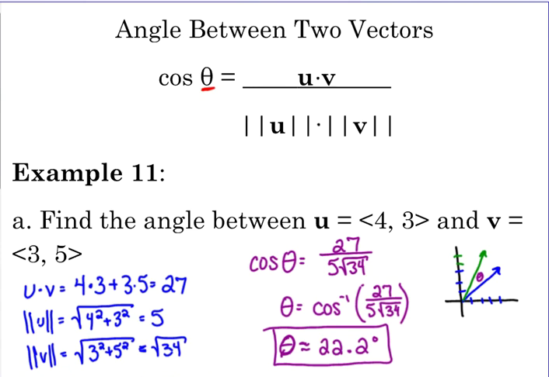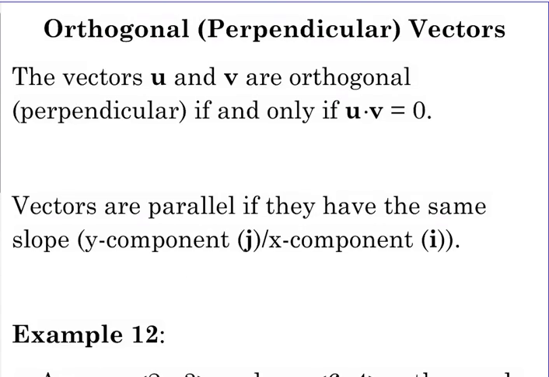We've got a fraction that has to equal 0. The only way a fraction will equal 0 is if the numerator equals 0, right? If the denominator equals 0, we're undefined. So the numerator has to equal 0. Well, what's in the numerator? The dot product. So that's why this is a true statement. They are orthogonal if and only if the dot product equals 0.